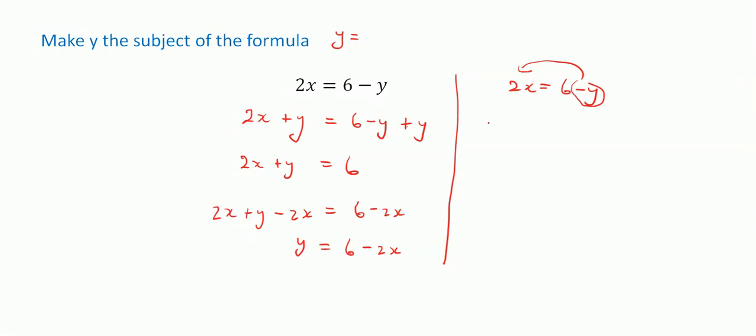So that becomes y plus 2x is equal to 6, and therefore y, take the plus 2x and we move it this way, is equal to 6 minus 2x. Right? Once you get comfortable with changing the subject of the formula, typically this is how you would write your answer, right? But you need to understand what I'm doing on both sides of the equation.